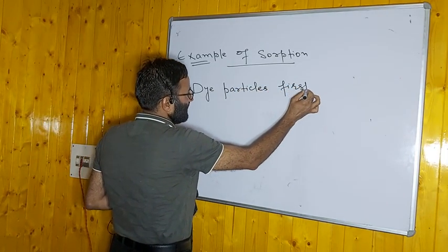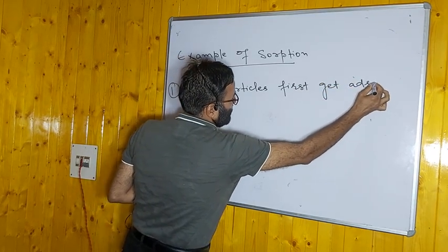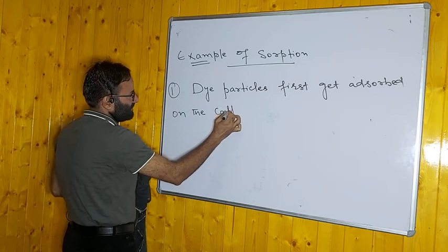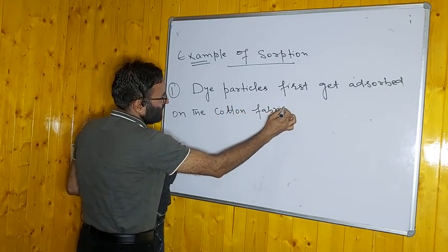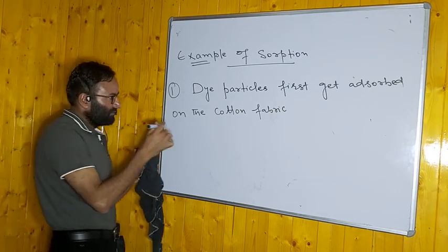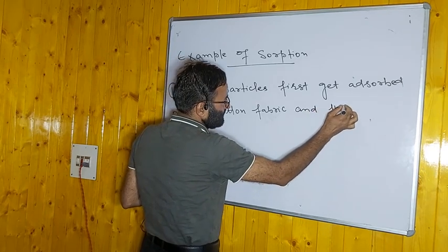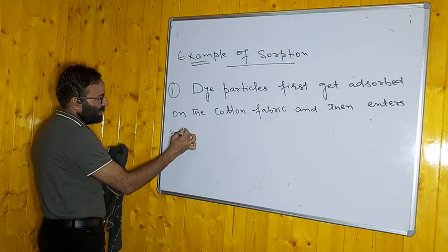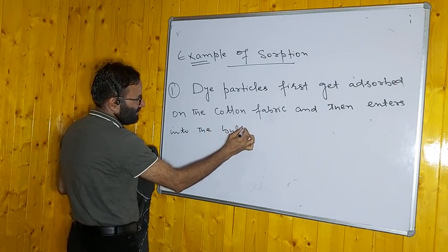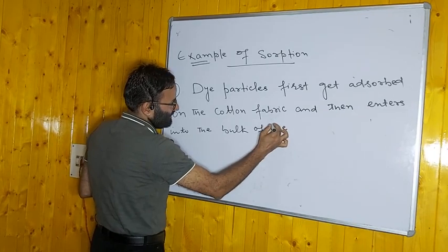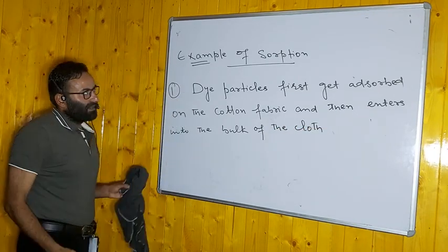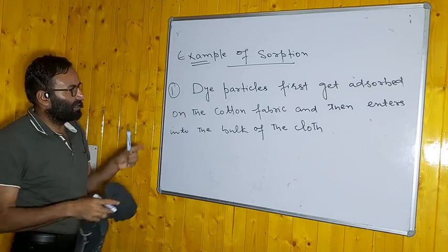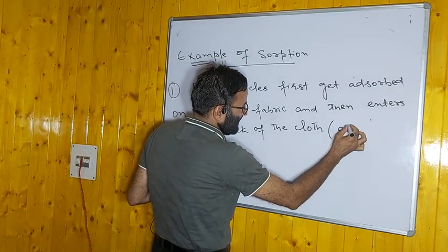Dye particles first get adsorbed on the cotton fabric, first the particles remain on the surface, and then they enter into the bulk of the cloth.